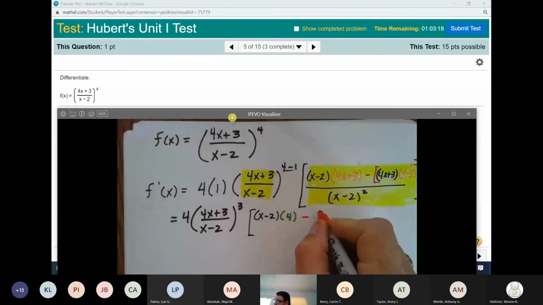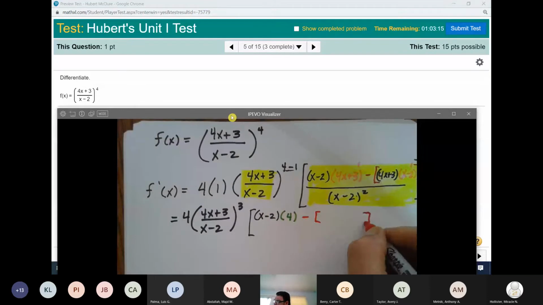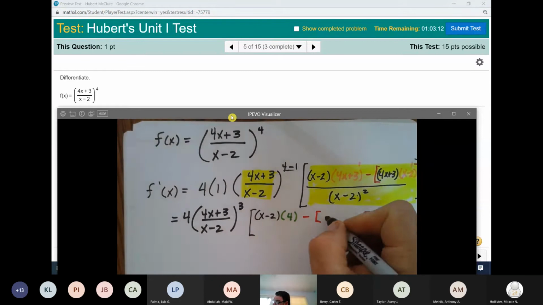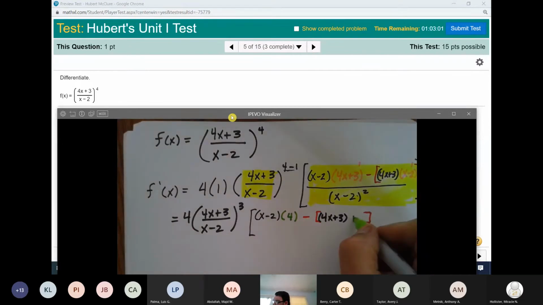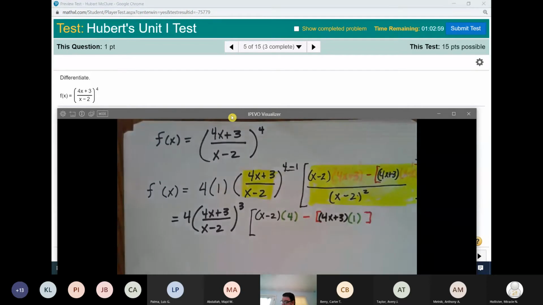Minus brackets 4x plus 3. And somebody tell me the derivative of x minus 2. 1, Hubert. 1. Thank you. All that over x minus 2 quantity squared.